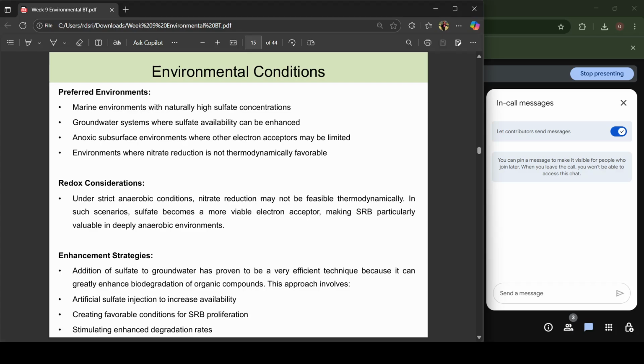The enhancement strategies include adding sulfate to a particular environment like groundwater so that the sulfate reducing bacteria can thrive there. And we can also work on creating other favorable environments for SRB to stimulate the degradation rate or to speed up the rate of the reaction.